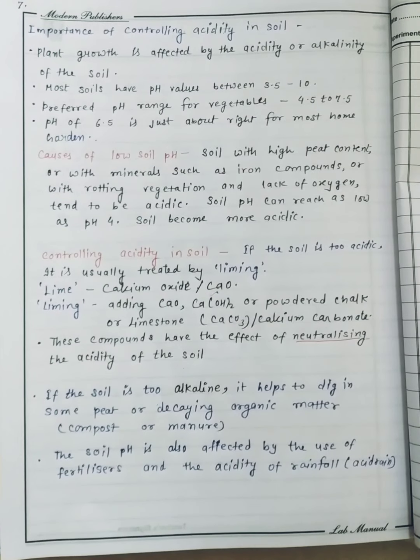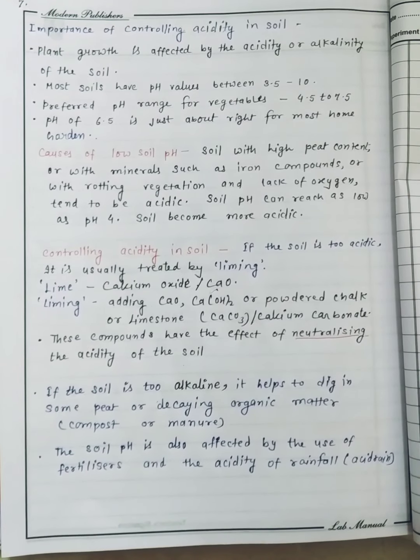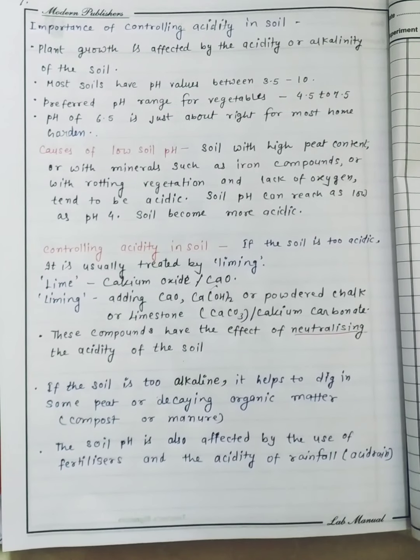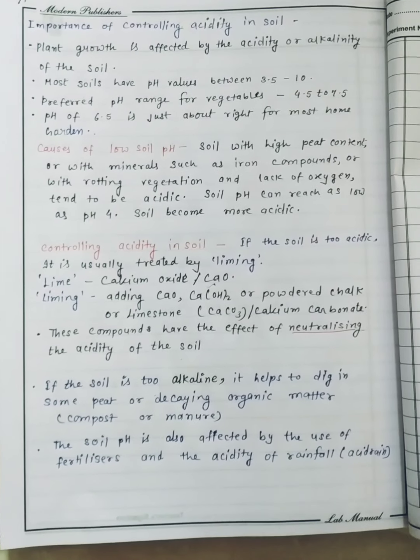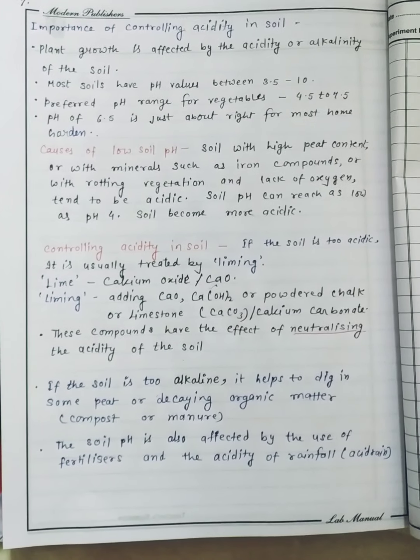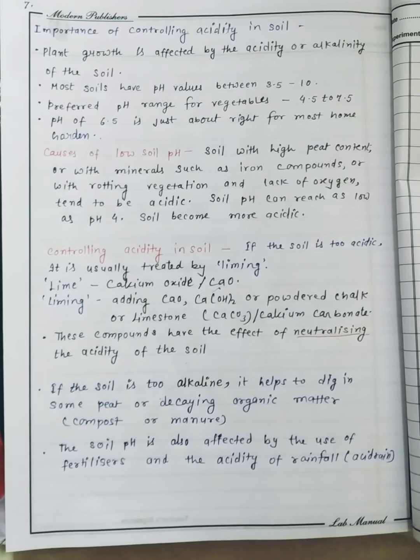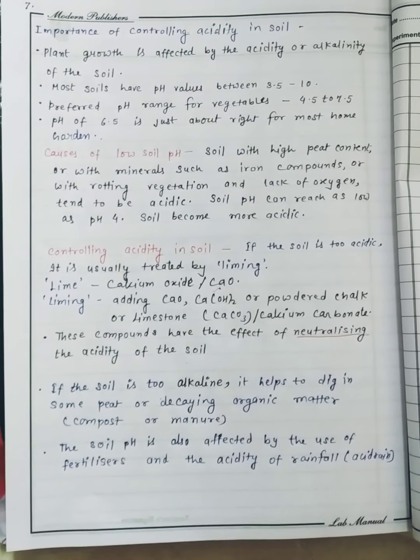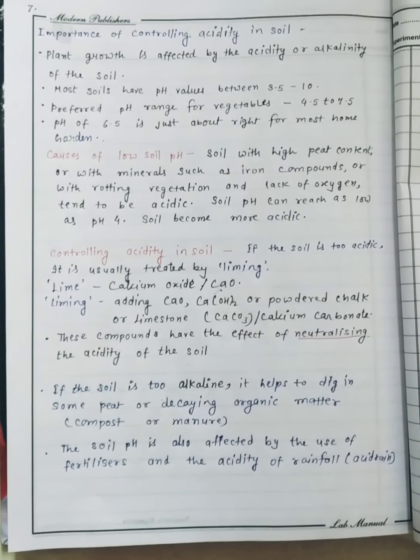Means soil become more acidic than pH 4.5. The soil pH can reach as low as pH 4 and soil become more acidic, and the more acidic soil is not suitable for vegetation.